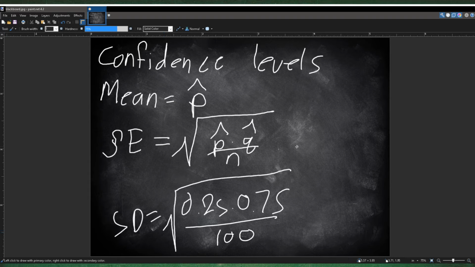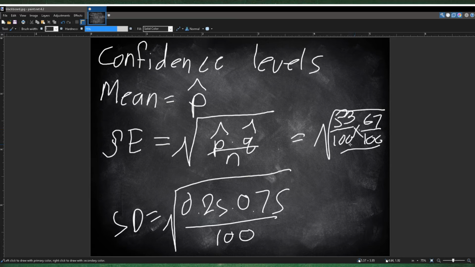But now our standard error: say we have 33 students out of the 100 that are freshmen, so we have 33 out of 100 times 67 out of 100, because q hat is 1 minus p hat, and 100 minus 33 is 67. So 33 over 100 plus 67 over 100 is equal to 1.